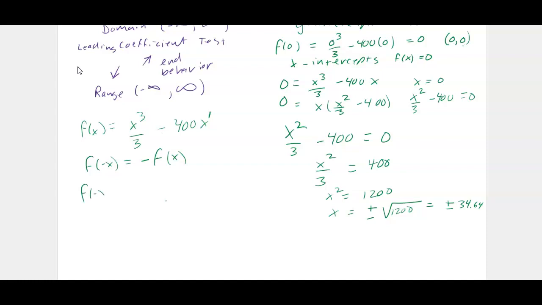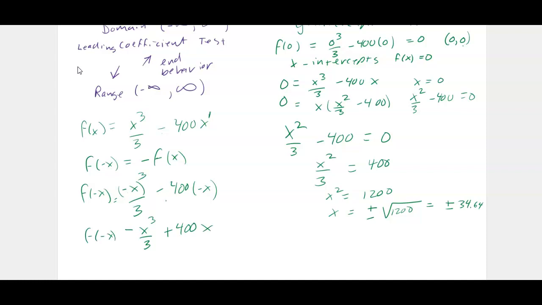We'll find f of negative x. We get negative x cubed divided by 3 minus 400 times negative x. When I cube a negative number, I get the opposite of the original value. So that's the same as the negative of x cubed over 3. And this is the same as plus 400x.